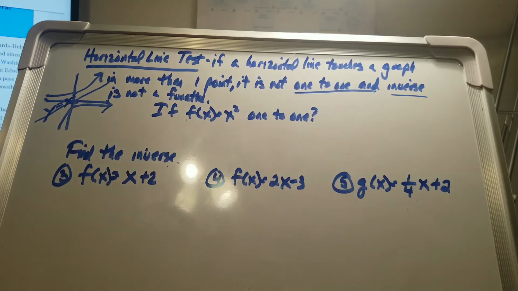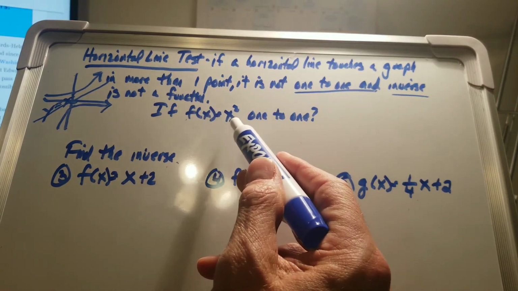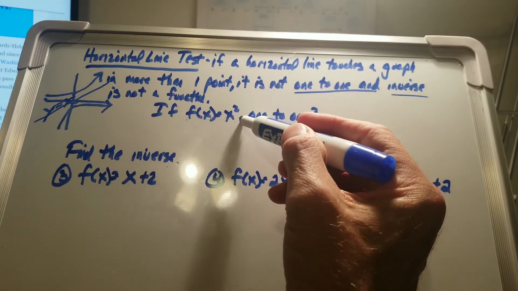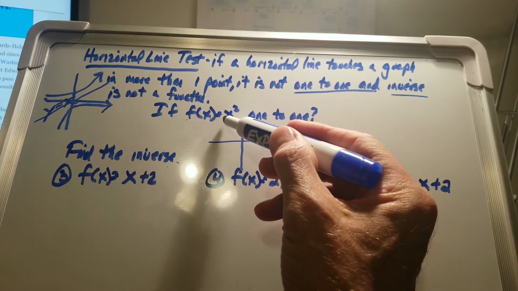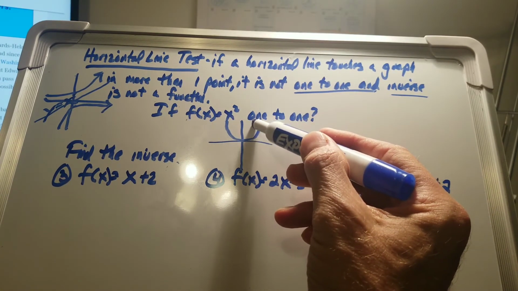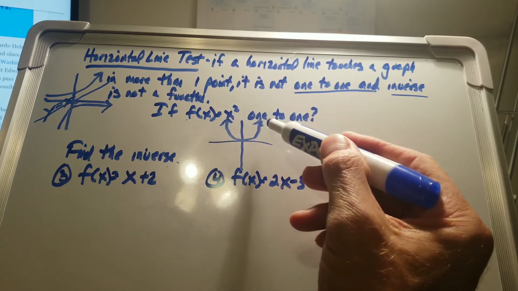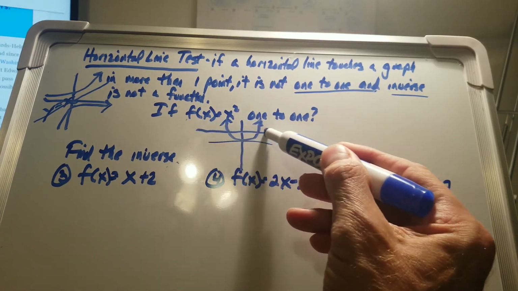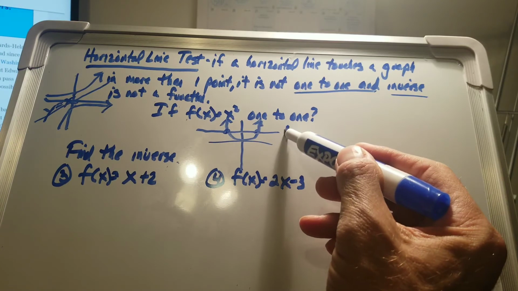In other words, to get the inverse, you switch the x and the y values. That's what the inverse is called. So is f of x equals x squared one-to-one? Well, what does x squared look like? It is a parabola. And if you draw a horizontal line across, it touches it in 2 points, and the answer is no.